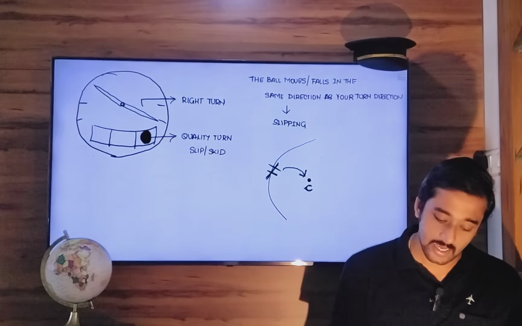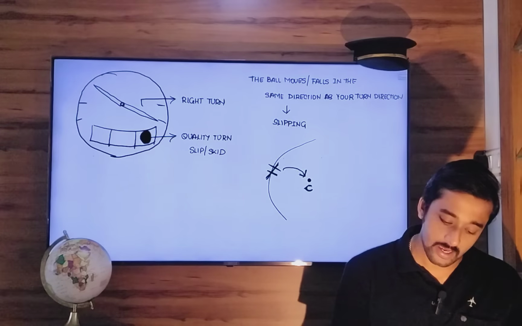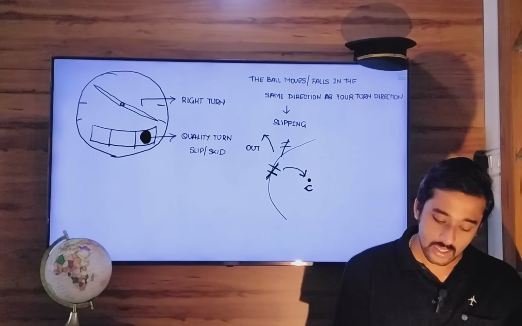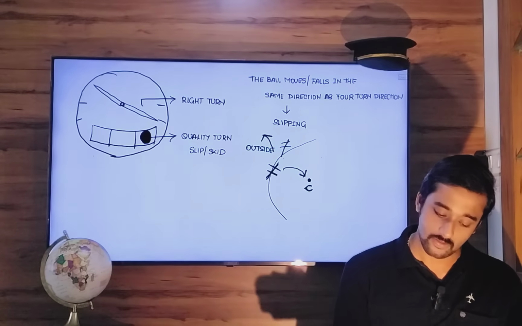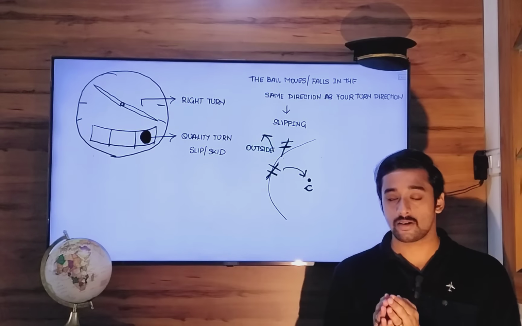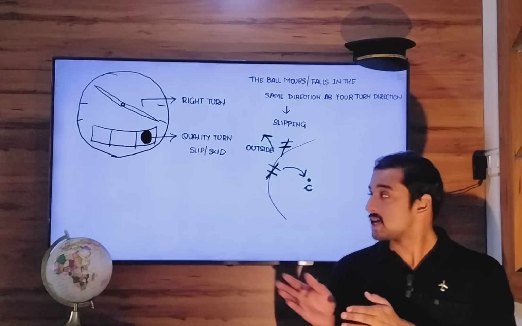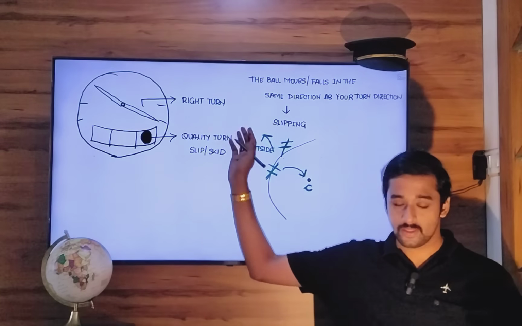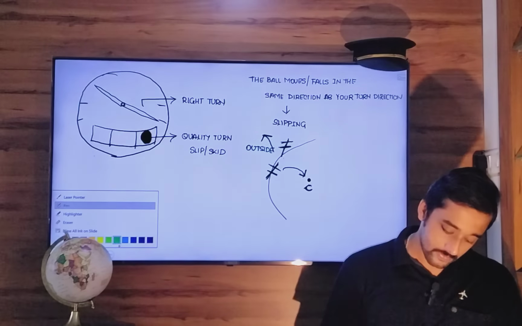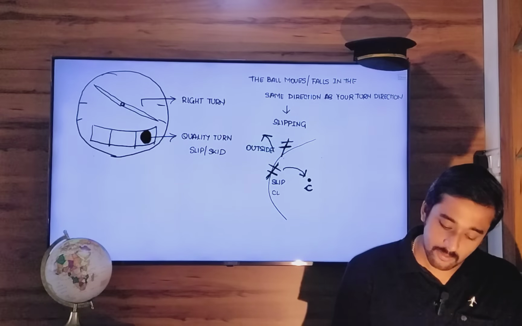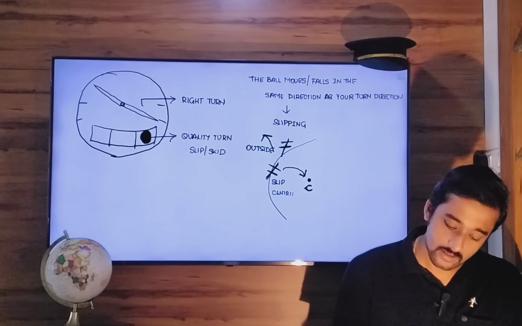In case of skidding, aircraft gets drifted away outside of the turn. Okay. In case of slipping, it falls inside of the turn. In case of skidding, it gets thrown away outside of the turn. So in case of slipping, next point, we have centripetal force in play.